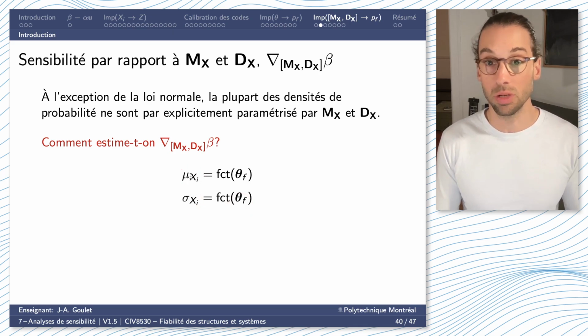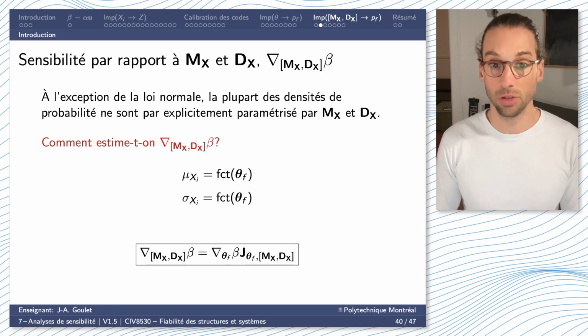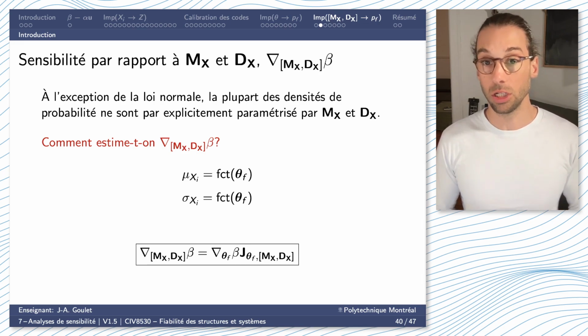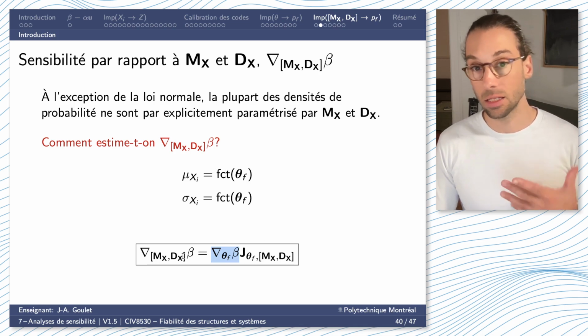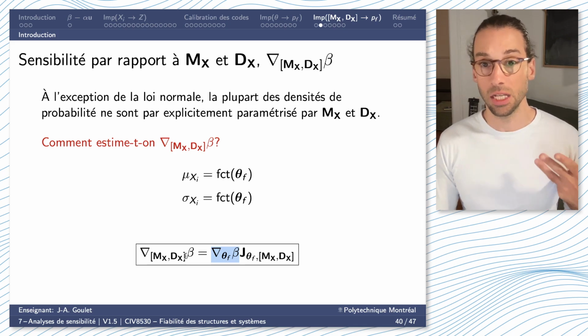And actually, in module 3, we already defined all of these functions. We already have closed form solutions for all of those. So the only thing we need to do, with respect to the chain rule of derivation, is multiply the gradient we obtained previously by the Jacobian of these transformation functions. That's going to automatically give me the sensitivity, not with respect to the original parameters theta f, but with respect to the mean and standard deviation.